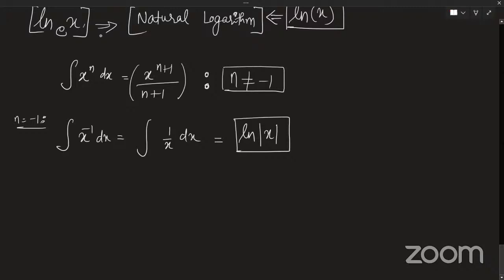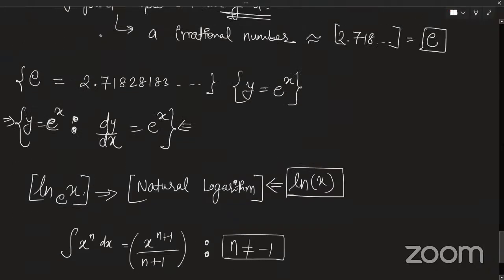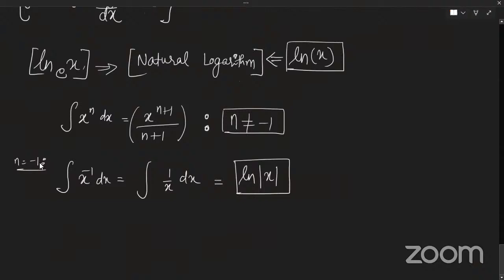So this is a special case of integration and differentiation, both. If I'm trying to integrate 1 by x, the curve y is equal to 1 by x looks something like this. The integration of this curve is basically ln of mod x.